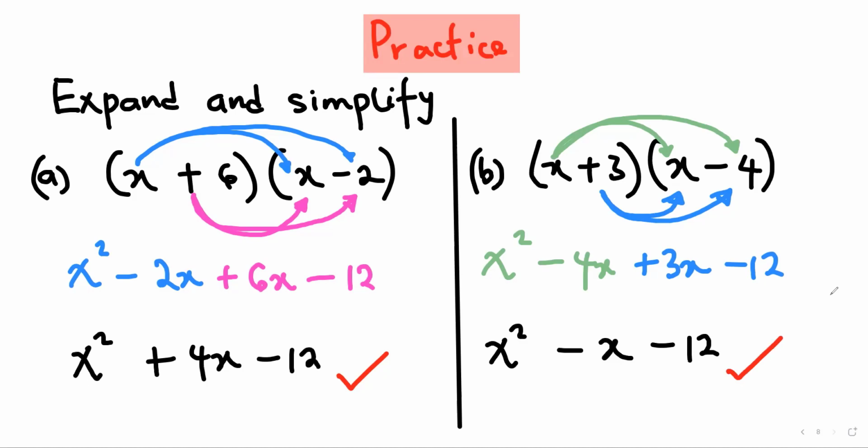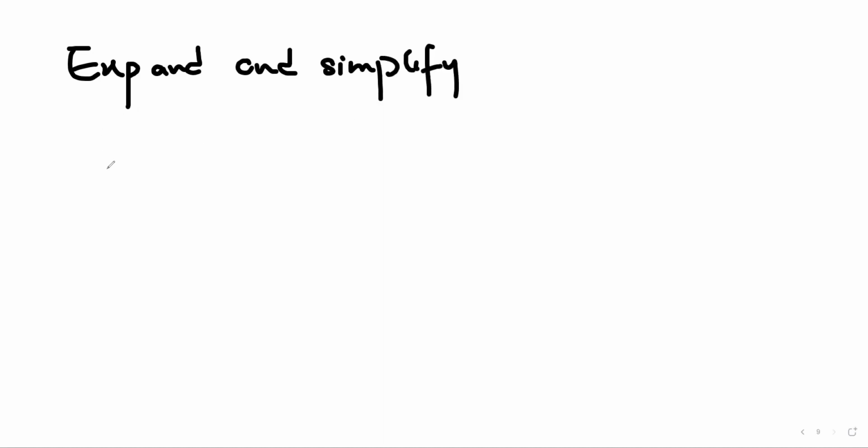Excellent. Can I give you 2 more practice questions? Okay. All right. So let's add this one to what you already know. Expand and simplify. Let's say x plus 7, and then in the bracket here, x minus 2.